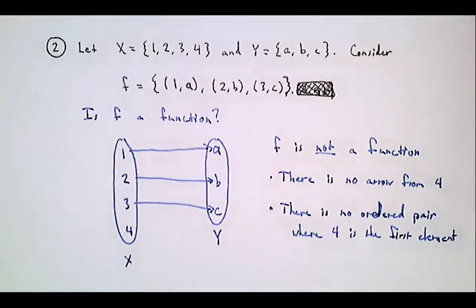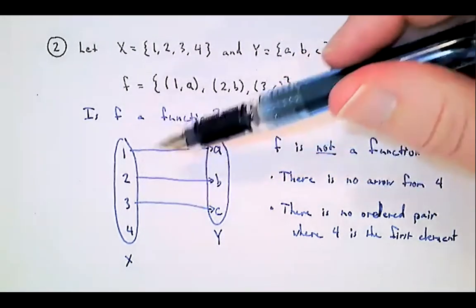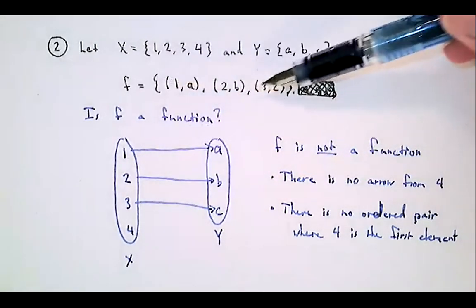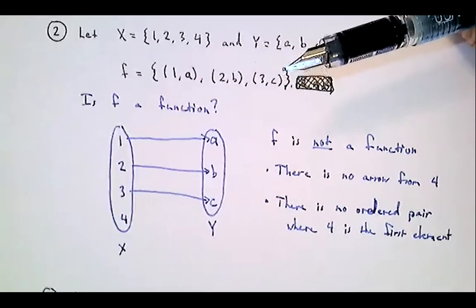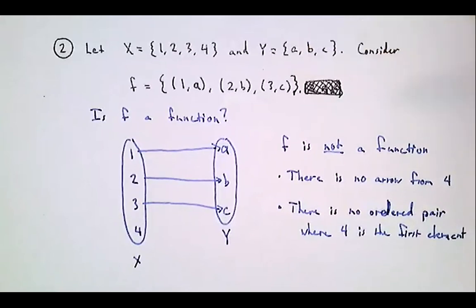So whether you're looking at the arrow diagram, this nice illustration, or you're looking at the ordered pairs, you can tell either way that this is not a function. Any questions over that?